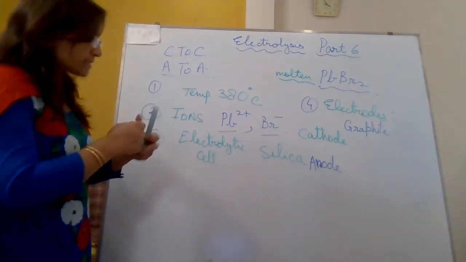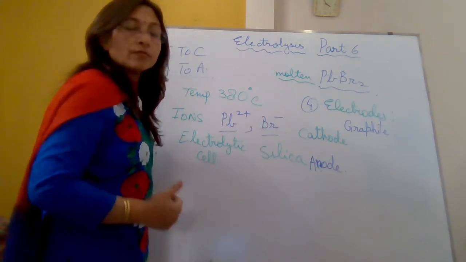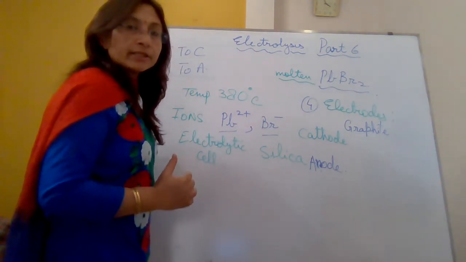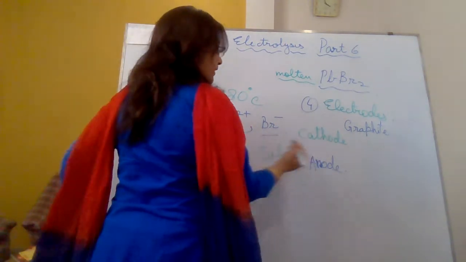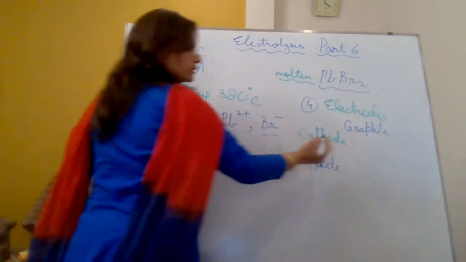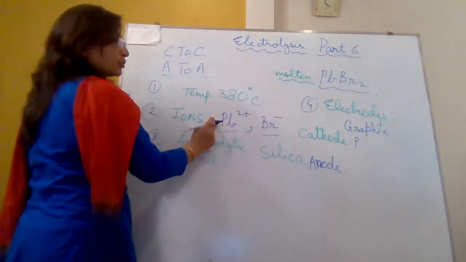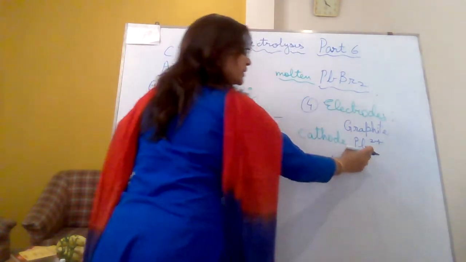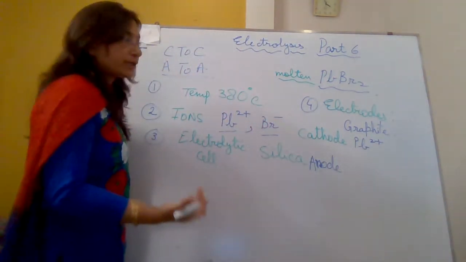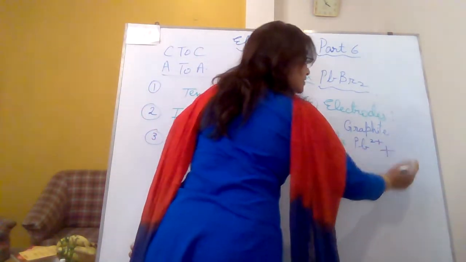And we saw four basic principles, that cations will migrate, will discharge and then they will deposit. So who is migrating towards the cathode? Lead. So the reaction taking place at the cathode is going to be Pb2+. Lead is migrating. Then it will discharge. How will it discharge?